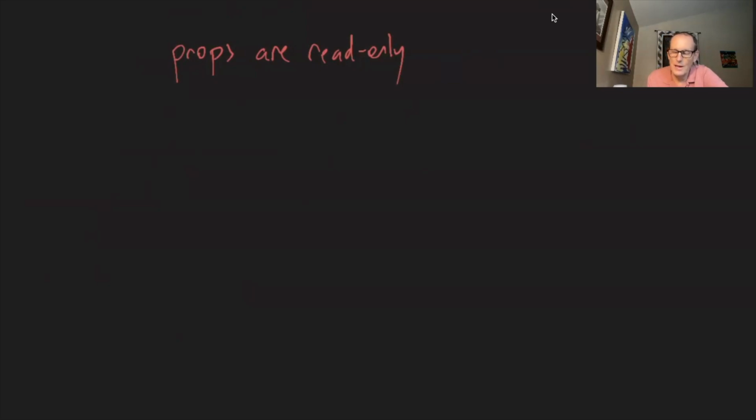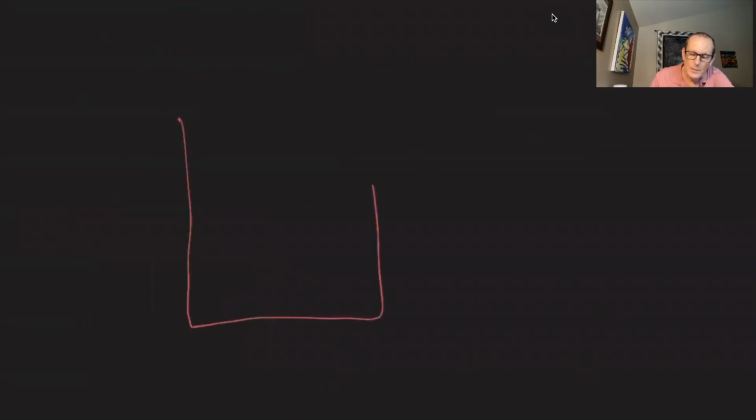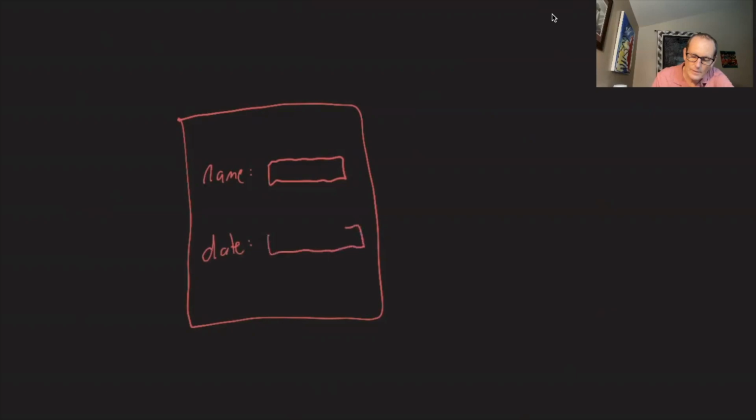So let's look at another example. Let's say we have a very simple application, and all we have is a name component and a date component. Okay, so these guys are actually components.